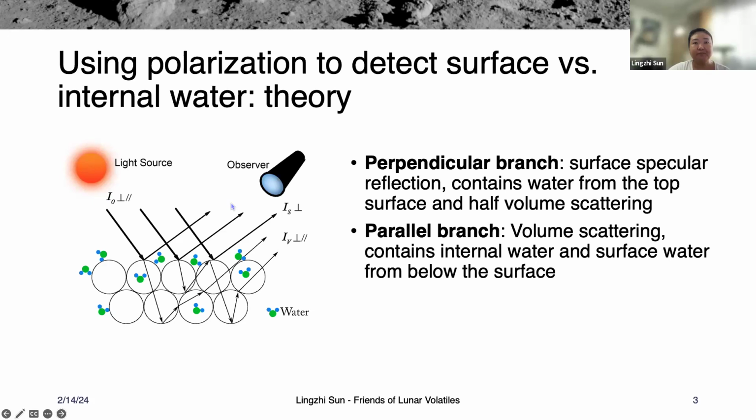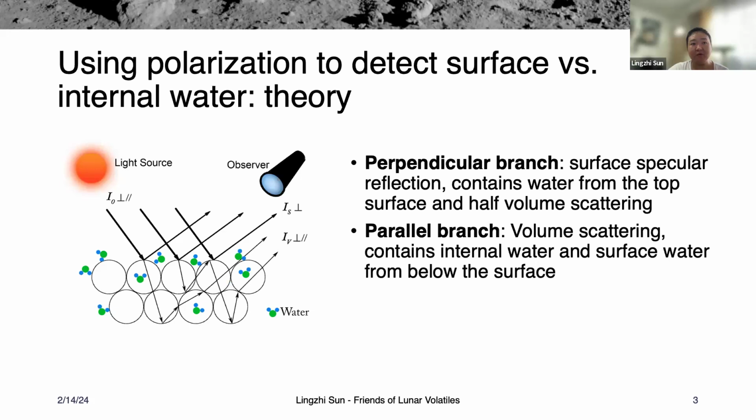By perpendicular, I mean the oscillation of the photon is perpendicular to the plane defined by the light source, observer, and the target. Also some of the light will be transmitted into the grains, then get multiply reflected, refracted, and transmitted. And these are the volume scattered part.